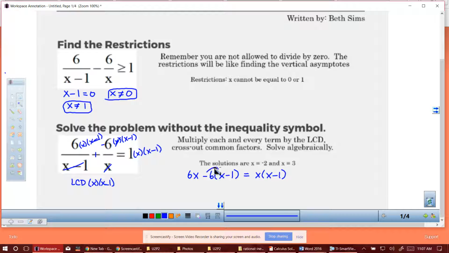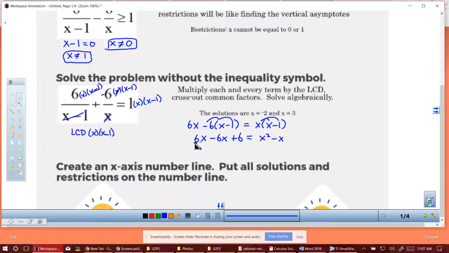Working on my algebra right there, distributing that negative 6, I have 6x minus 6x plus 6. Over here, I have x squared minus x because I distributed the x to those two terms. Those will cancel, they're like terms. So I have 6 equals x squared minus x. Like we said in class, if it's quadratic, we need to set it equal to 0.